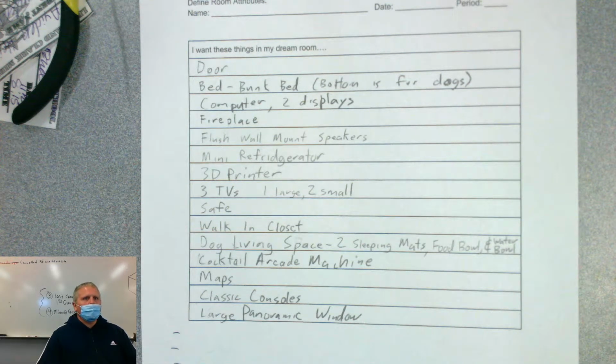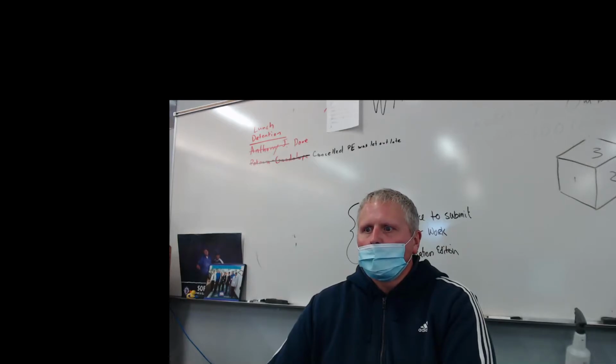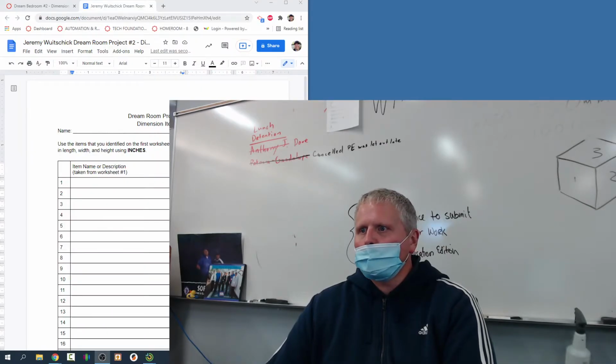Okay, so let's take a look at what we need to do. First of all, I have door, bed, and a bunk bed, bottom for dogs. So I'm going to start off by transferring these things over to my list that's on screen.